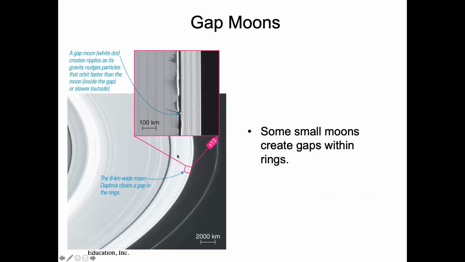And so within the rings of Saturn, where those tiny little balls of ice orbit, there are also tiny little moons. We call them gap moons. And you could probably figure out that it's because they exist within the gap of the rings.